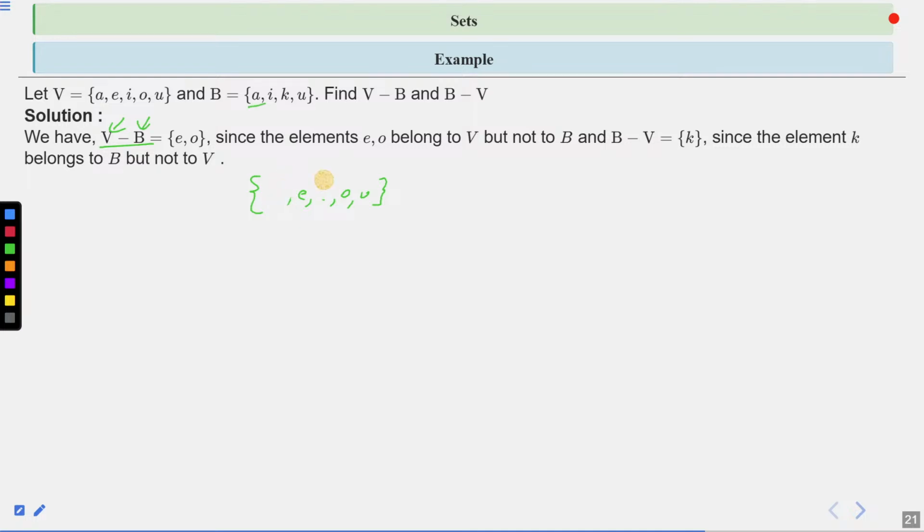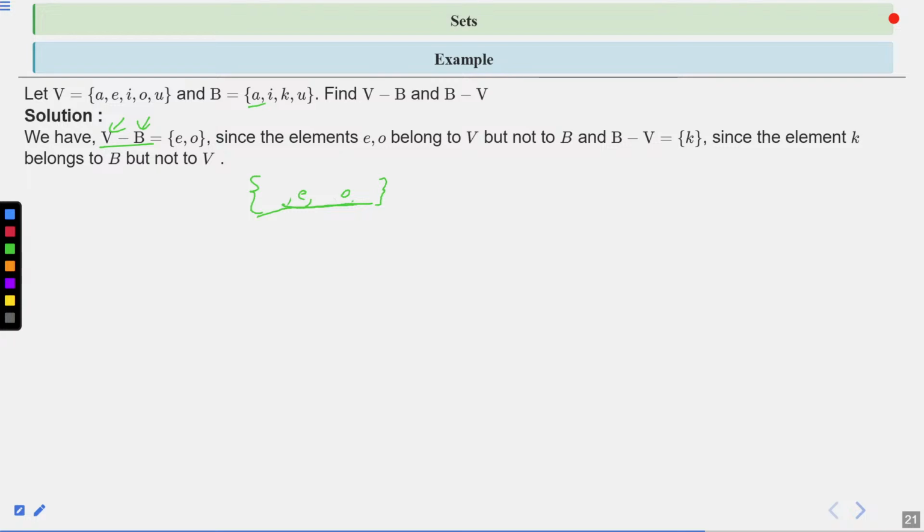I belongs to B, eliminate I. K and U: U belongs to B, eliminate U. So we are only left with these two elements, and the set in which we have these two elements will be our difference set V minus B.